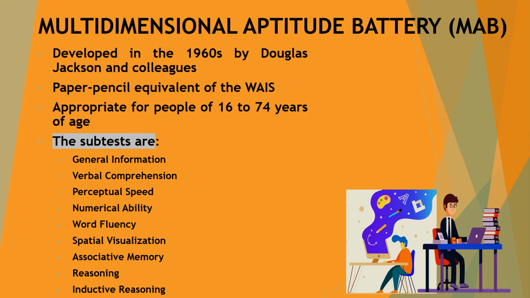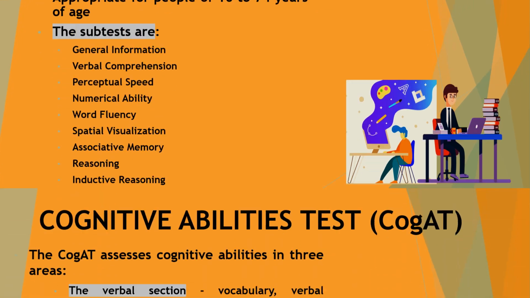During the MAB, you perform well on tasks related to spatial relations and perceptual speed, but you struggle with numerical aptitude. Based on these results, you might conclude that a career as a graphic designer, which requires strong spatial relations and visual spatial skills, would be a better fit for you than a career as an accountant, which requires strong numerical and mathematical abilities.